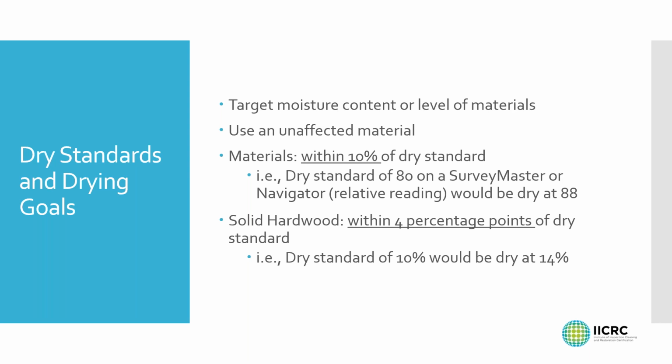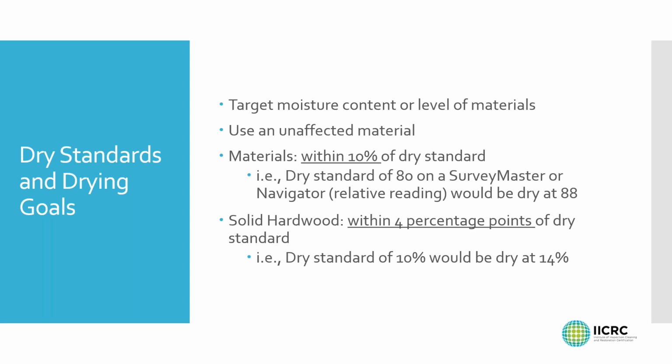So if my dry standard's say 15, I may want to dry below the 16 because fungal growth can begin on wood at 16%, depending on the type of wood. So there's other factors that come in, but in the standard, these are the numbers that are thrown out as sort of guidance for getting to dry standard.